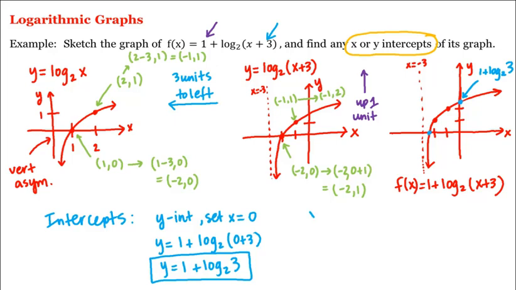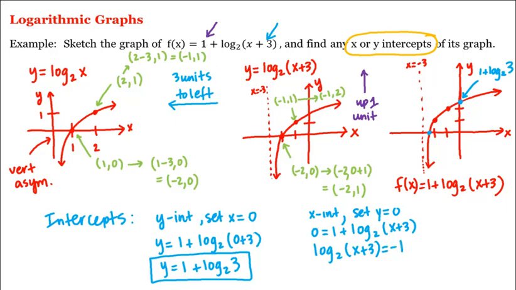And what about the x-intercept? To find the x-intercept, we set y equal to 0. That is, we have 0 = 1 + log base 2 of (x + 3), or subtracting 1 from both sides gives us log base 2 of (x + 3) = -1.